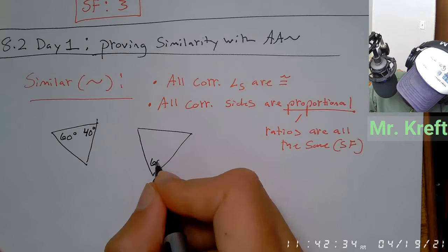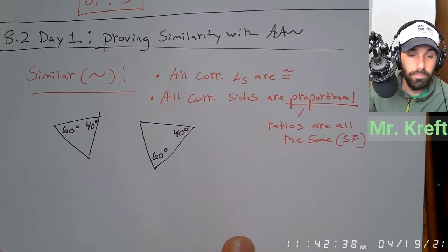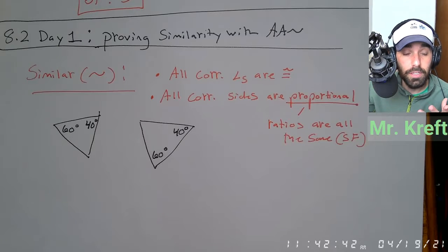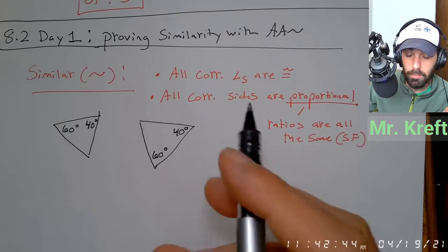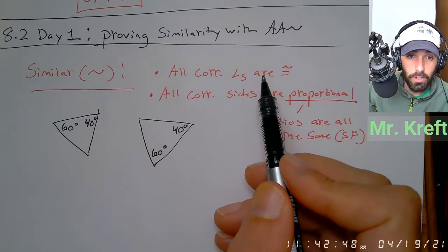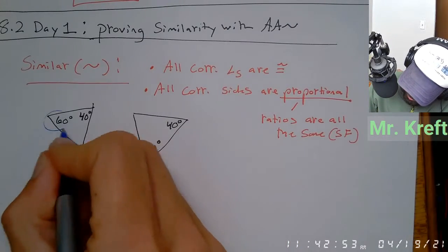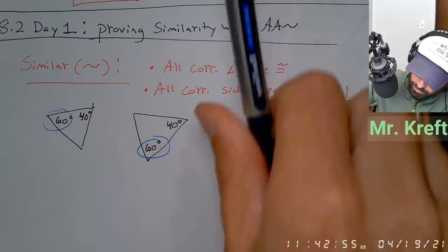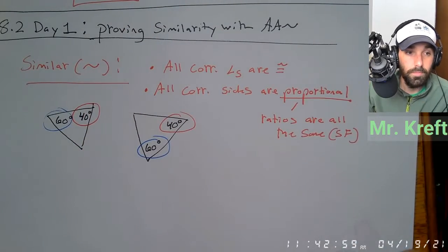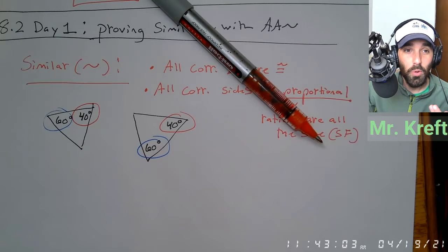And then over here, one of these is 60 degrees, one of these is 40 degrees. To show you how AA similarity works, we have a couple of things to remember. First, they're similar if all corresponding angles are congruent. Well, let's take a check right off the bat. First of all, we have a pair of 60s and we have a pair of 40s. Okay, so we got two. So we're missing that last one.